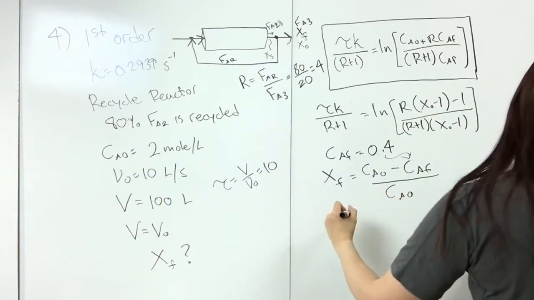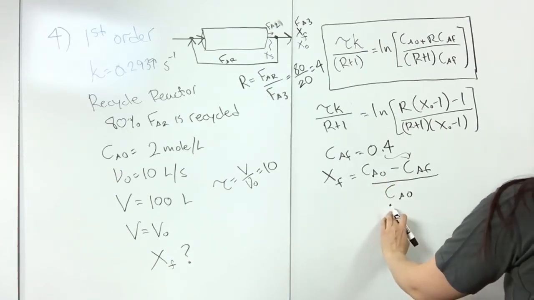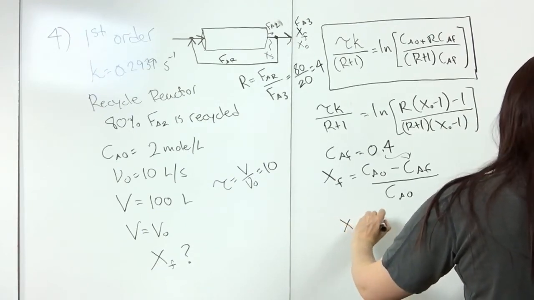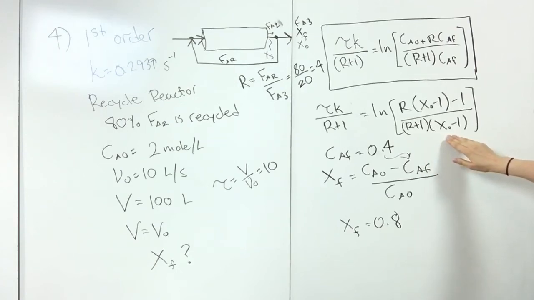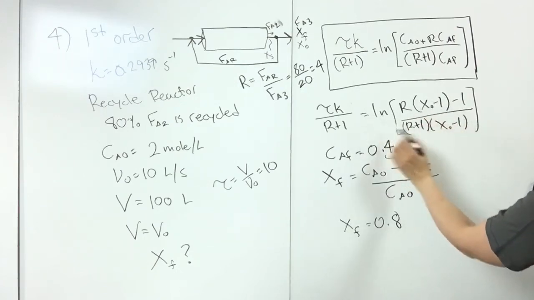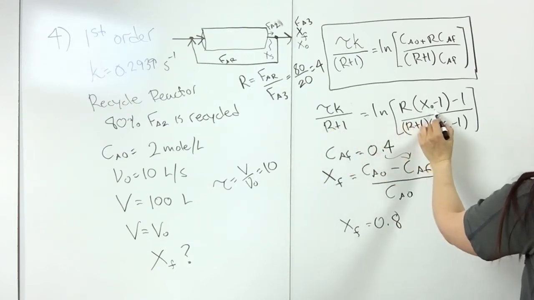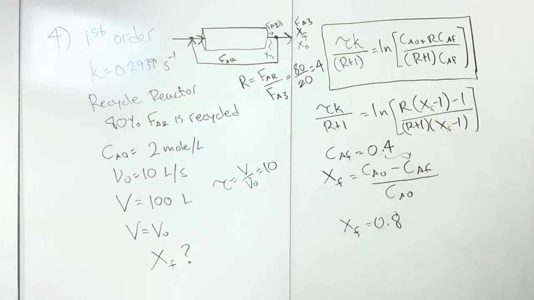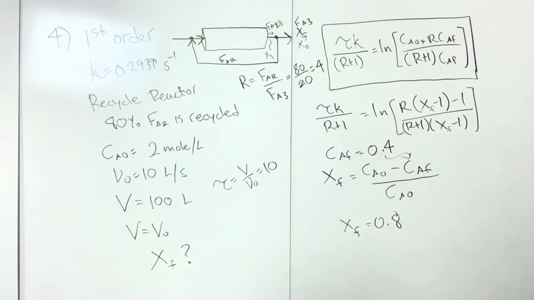So anyway, for this one you can just plug in CA naught, so 2 minus 0.4 divided by 2, and you end up with 0.8, so 80% conversion. And you could also solve this from here. You could just plug in tau, k, r, and solve this for xf. And so if you do that from this equation, you'll also get that xf is equal to 0.8.